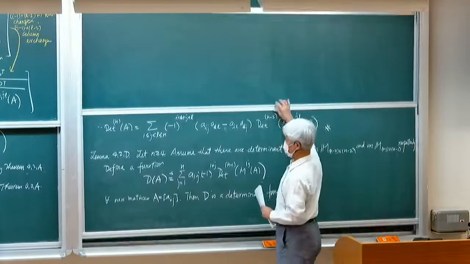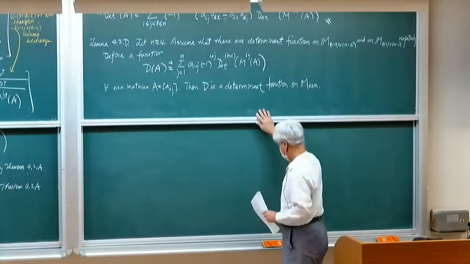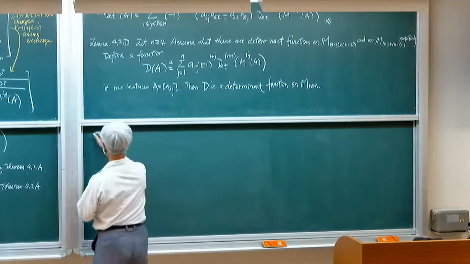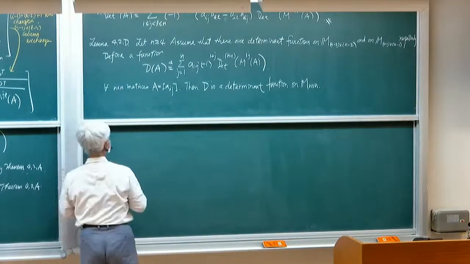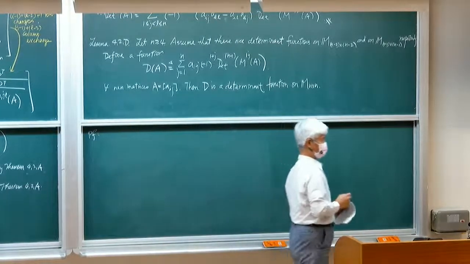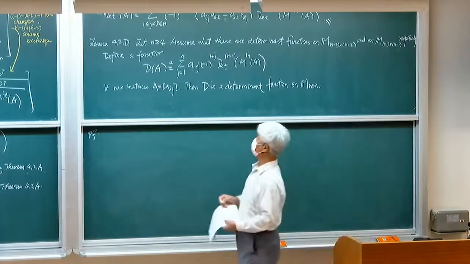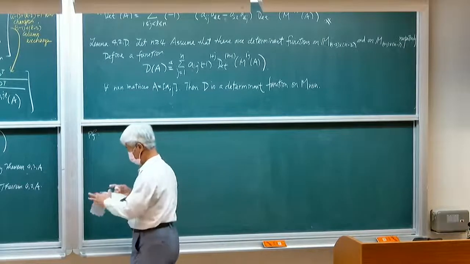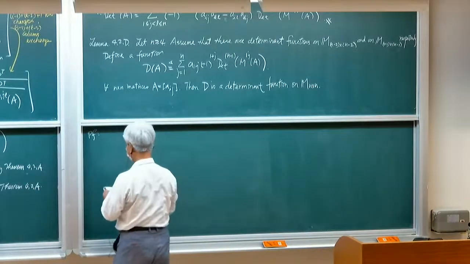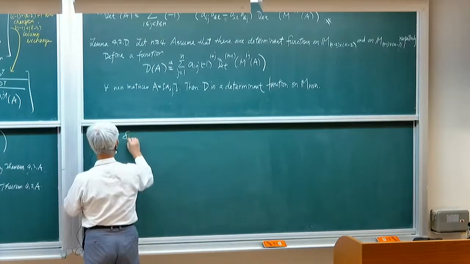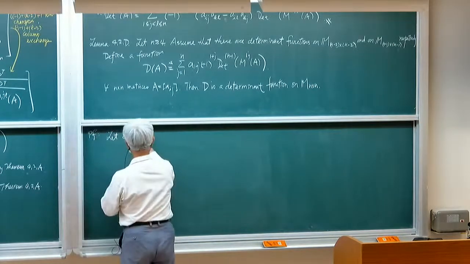Okay. So we have to verify that the 3 axioms are fulfilled by this function. Of course, how about the first axiom? We define a delta notation.